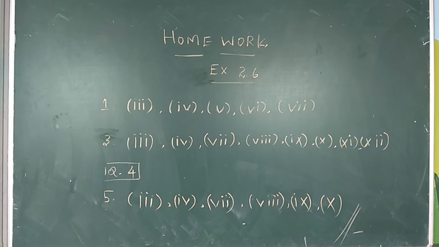Then third Roman 3, 4, 7, 8, 9, 10, 11, 12. Then question number 4. Last, question number 5: 3, 4, 7, 8, 9, 10.